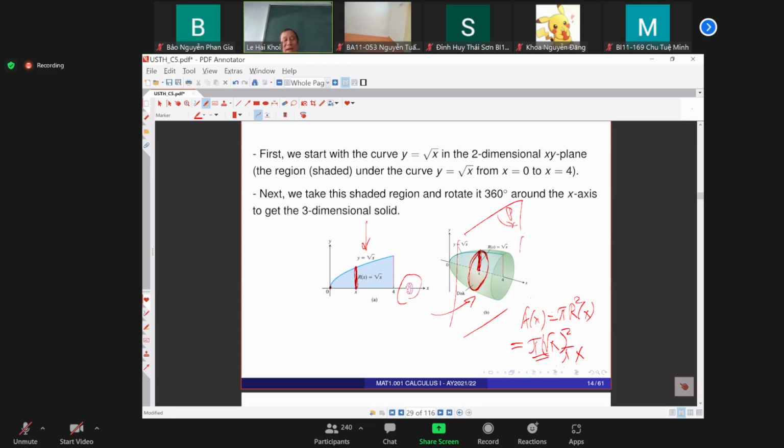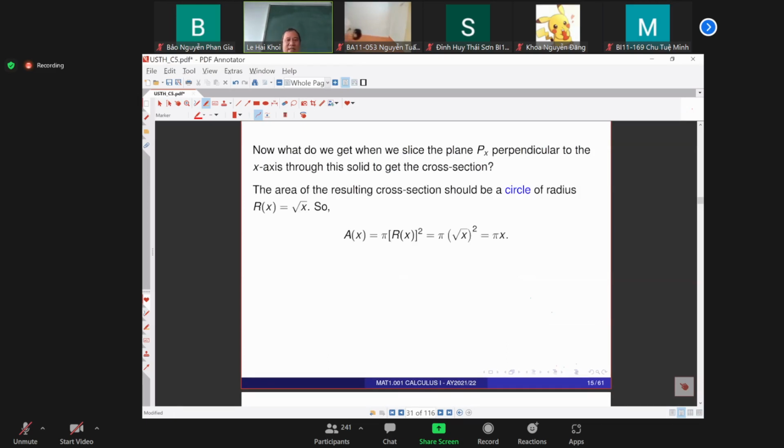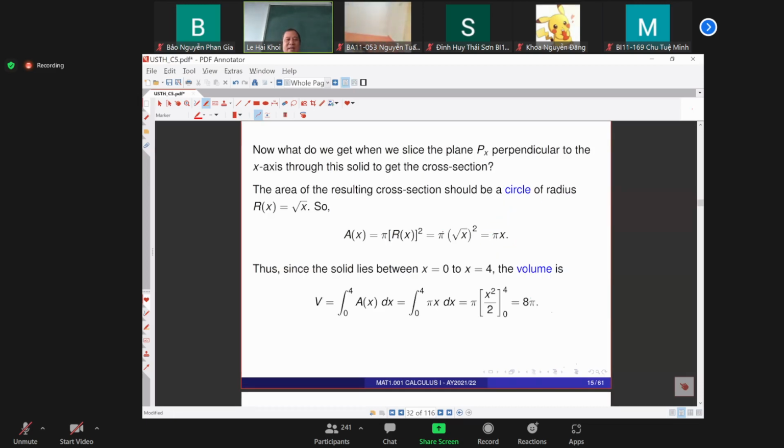That is A(x), done. Using the formula from 0 to 4, you get the answer. The integral of pi x from 0 to 4 is 8 pi. This is the integral, and you get the volume. That's the reason we call this the disk method, because you can compute the area of the cross section as the area of a disk or circle.